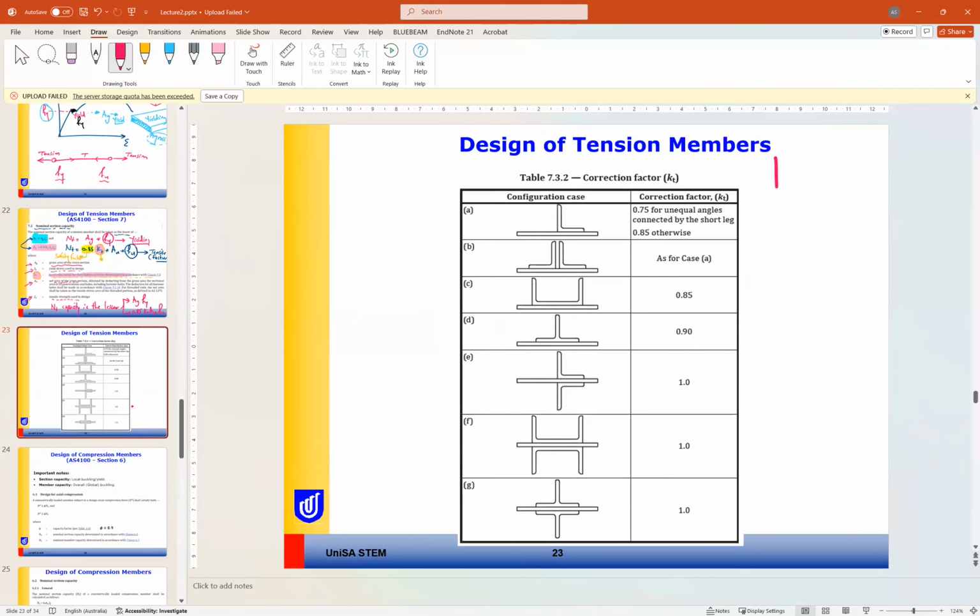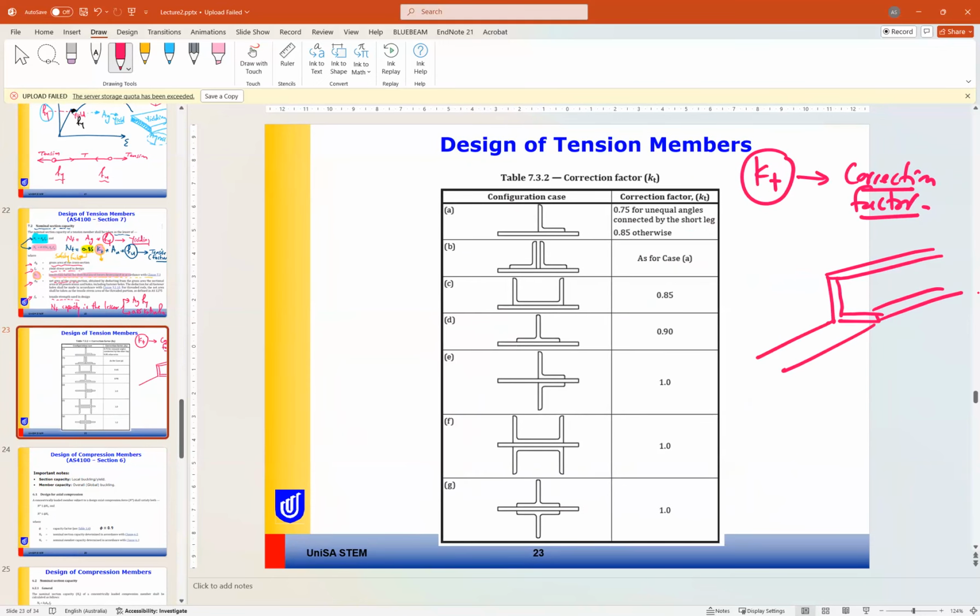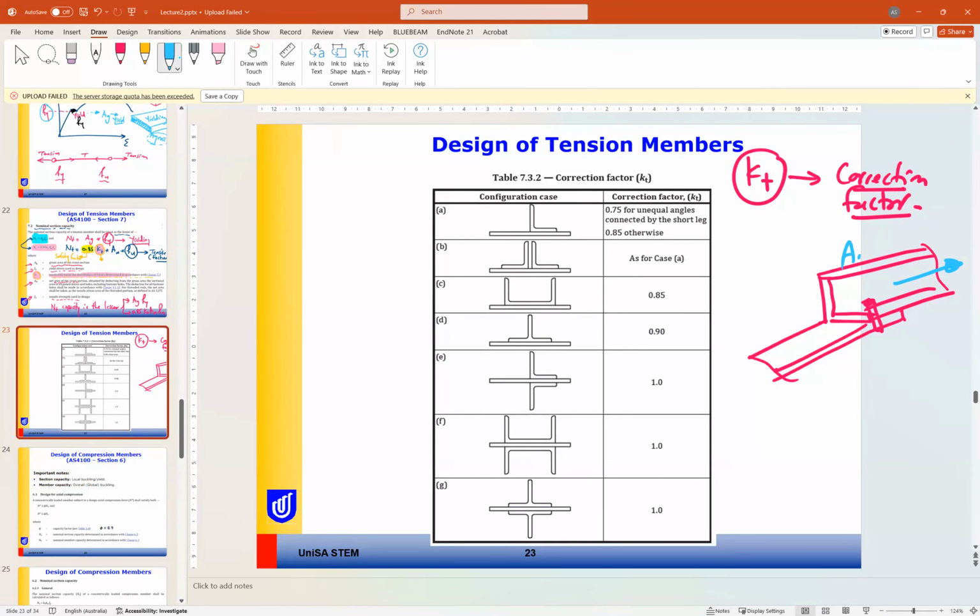The correction factor KT is based on the shape of the element. So, for example, if we are connecting an angle to a plate, this is what is meant here.